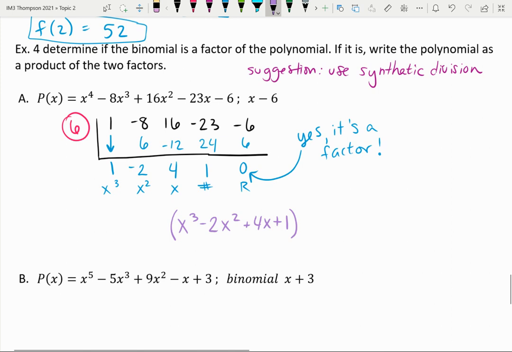That's the result when I divide by it. Remember, if it goes in evenly, yes, it's a factor. The factor that I divided by, x minus 6, is included also.